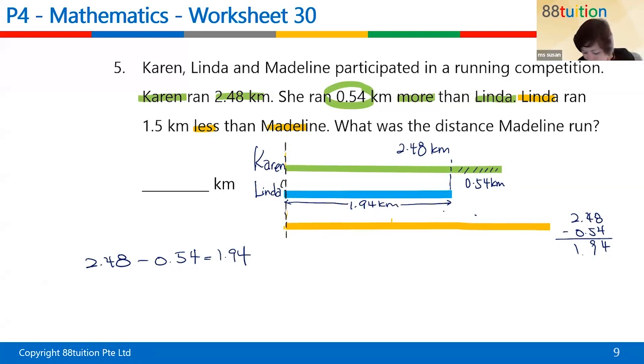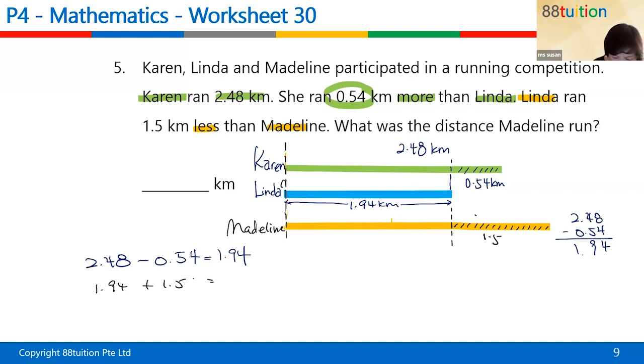Okay. And for Linda, to compare with Madeline, this is 1.5 lesser. So obviously, Madeline is the longest distance. So how to find Madeline? You should use 1.94 plus 1.5.